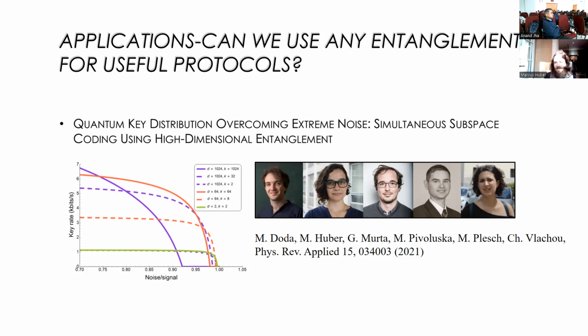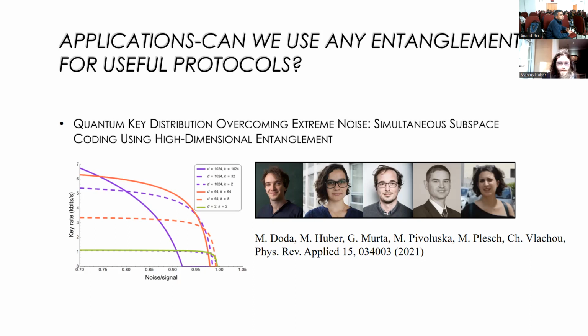And the error correction part kills all the advantage because if you're trying to correct an error in a really high-dimensional system, this is going to be extremely expensive. So what we instead do, what we call simultaneous subspace coding. So we're going to use multiple low-dimensional subspaces of a high-dimensionally entangled system simultaneously to basically get the best of both worlds. So we can still prove entanglement that survives because of the high dimensionality, but we're only using low-dimensional subsystems to code in order to get rid of the error correction overhead.